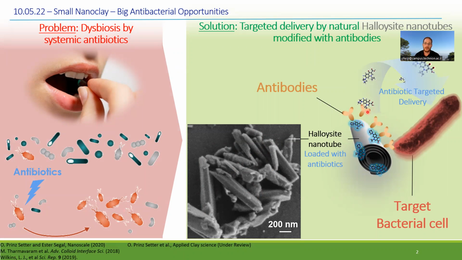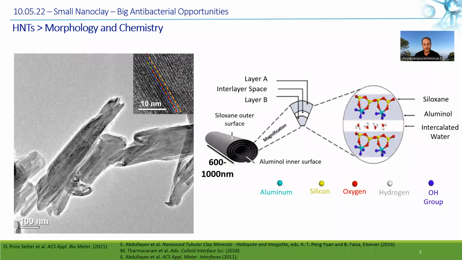First, I would like to introduce you to the fascinating world of natural nanoclays. These natural materials are minerals that are just mined from the earth and sold by the ton. We have kilograms of them in our lab. They are composed of alternating layers of silica and alumina, and specifically the nanoclay we are using is called Halloysite nanotubes.